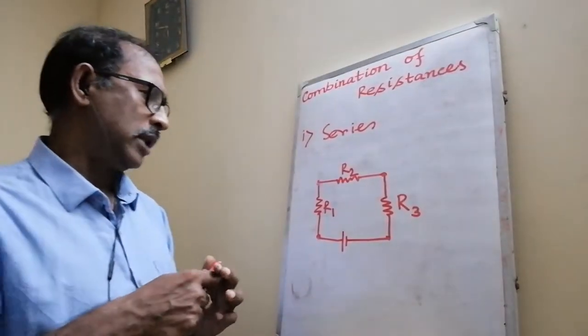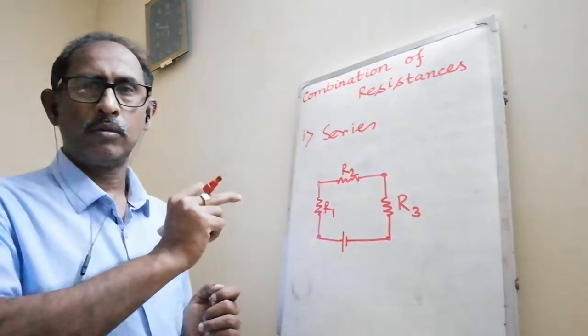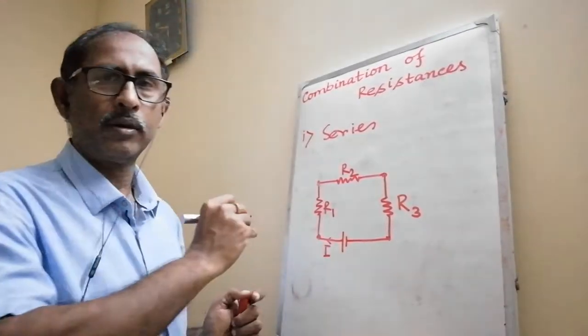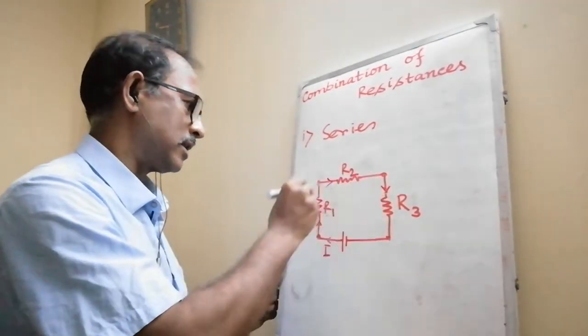Here in the series combination, there is only one branch in the circuit. So the circuit current, say it is I, flows through each of the resistances.